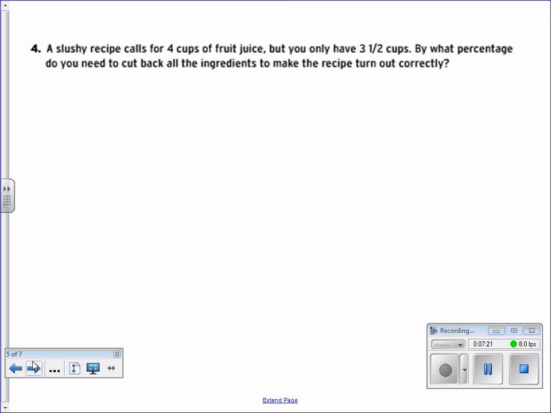A slushy recipe calls for 4 cups of fruit juice, but you only have 3.5 cups. By what percentage do you need to cut back all the ingredients to make the recipe turn out correctly? So again, part over whole.